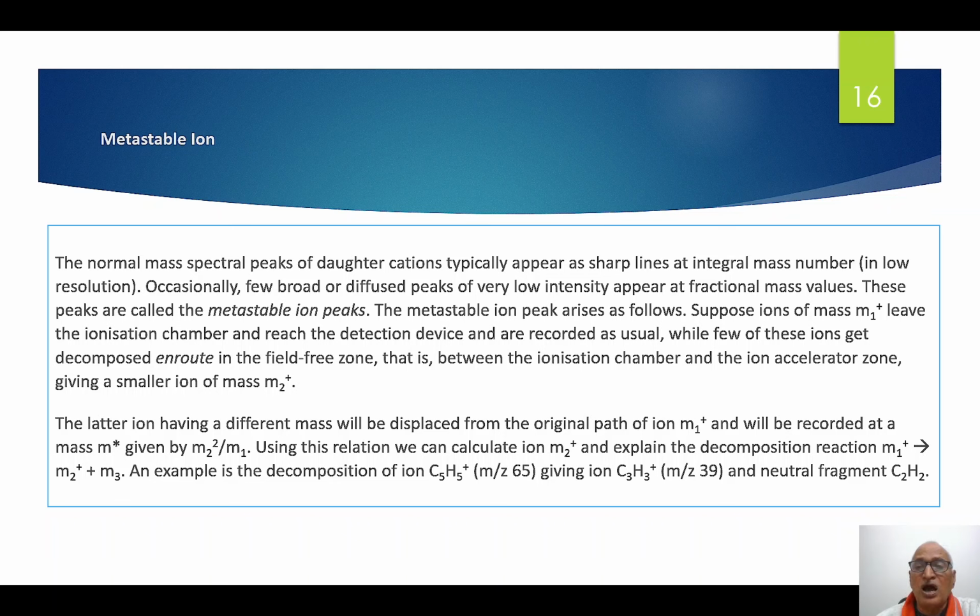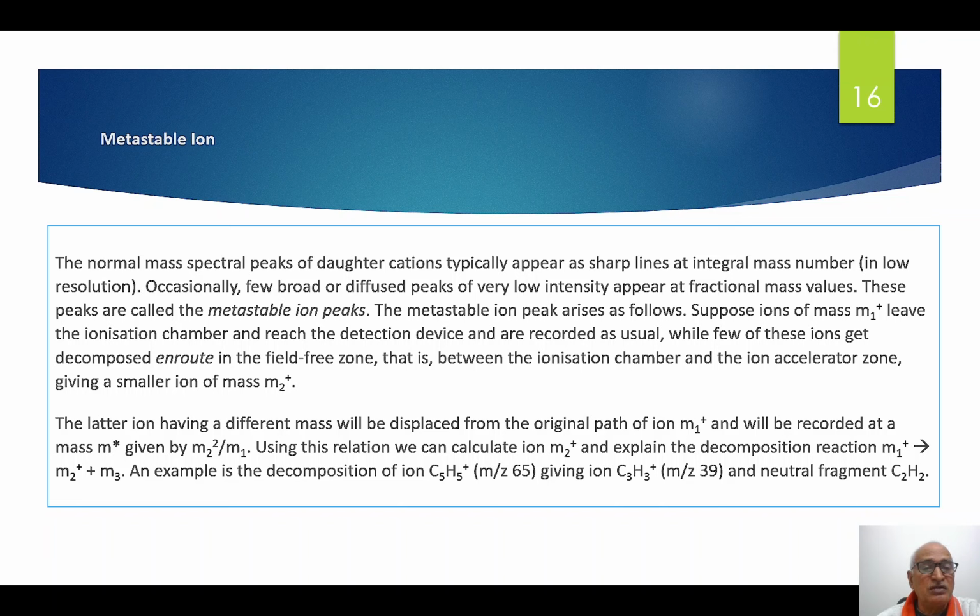Suppose ions of mass M1 leave the ionization chamber and reach the detection device and are recorded as usual, while few of these ions get decomposed en route in the field free zone, that is between the ionization chamber and the ion accelerator zone, giving a smaller ion of mass M2.